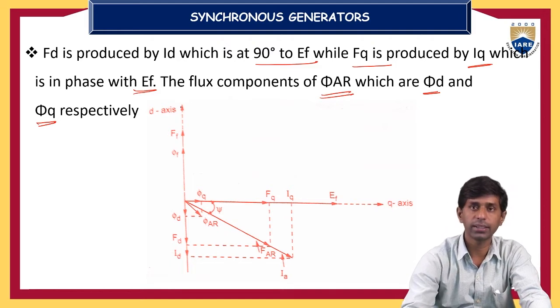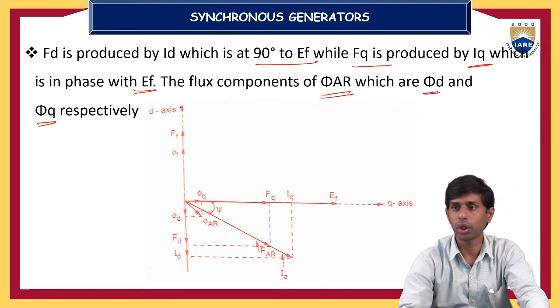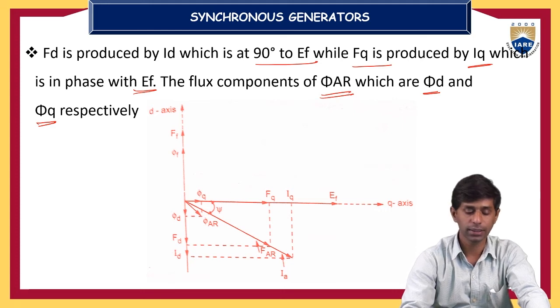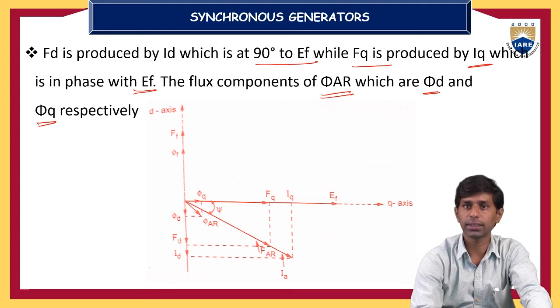The vertical axis I name the D axis, and the horizontal axis I name the Q axis. The direct pole axis carries the field MMF due to the field winding.